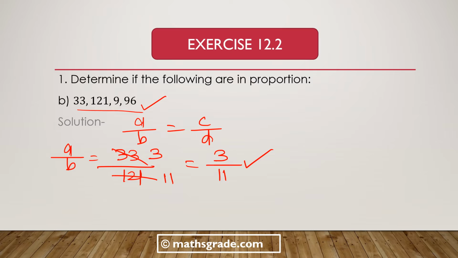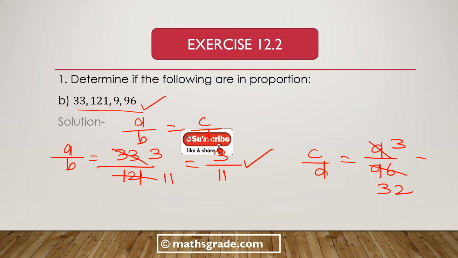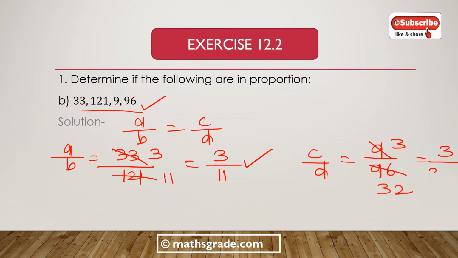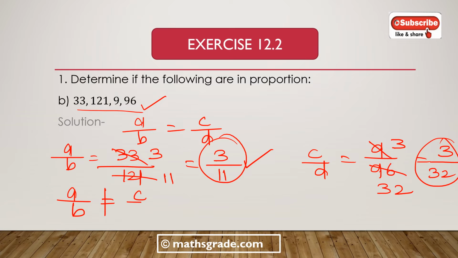And C divided by D will be 9 divided by 96. 3 3s are 9, 3 32s are 96, so 3 divided by 32. 3 divided by 11 is not equal to 3 divided by 32. So A divided by B is not equal to C divided by D. So these numbers are not in proportion.